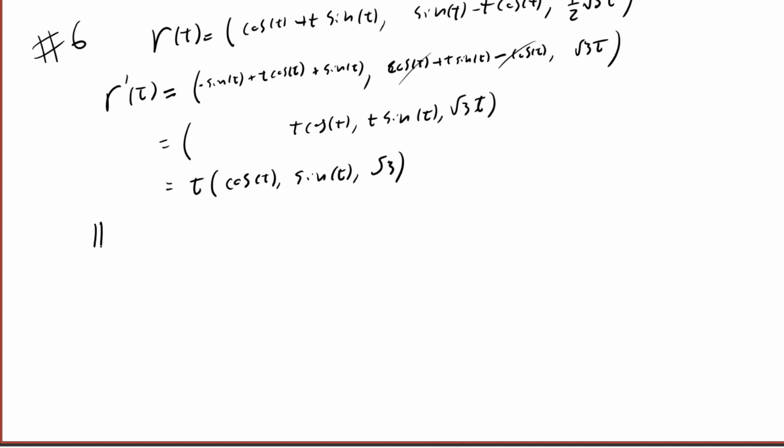Okay, so the norm of r prime of t is going to be the absolute value of t times the norm of this.